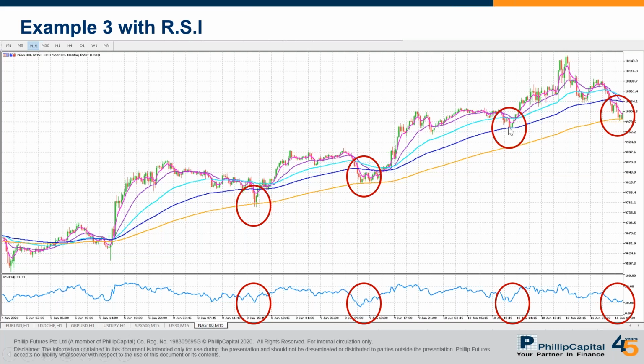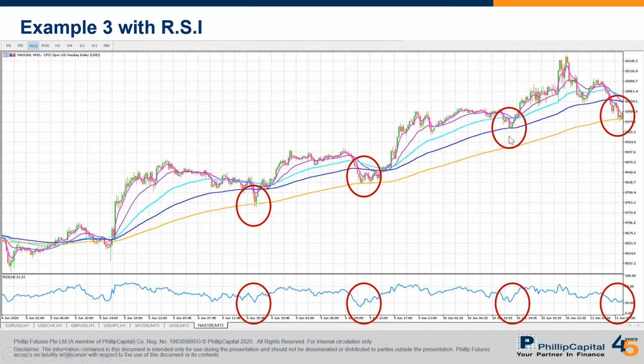Same thing, the third circle. This time round, prices didn't hit the EMA 200. It started to rebound after hitting the EMA 100 level. If you look below at the RSI, it's near to 30. Of course, the RSI at that moment, when it's coming down, is probably below 30.